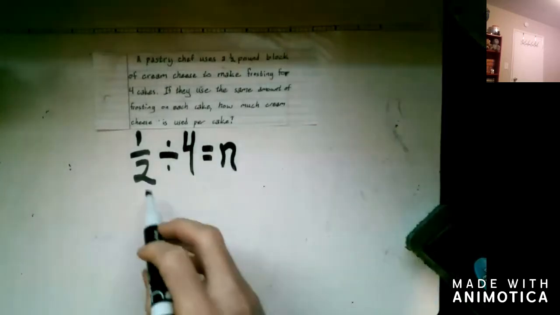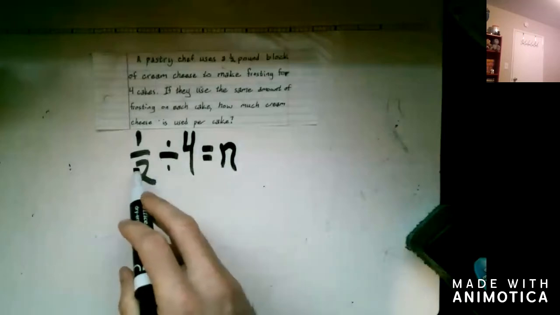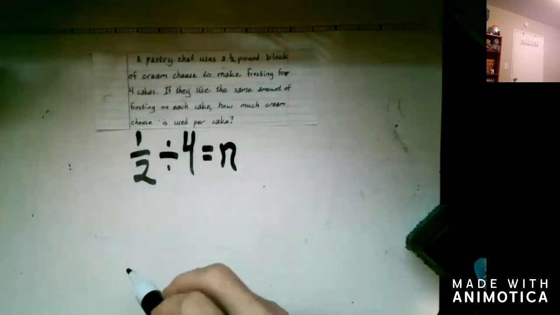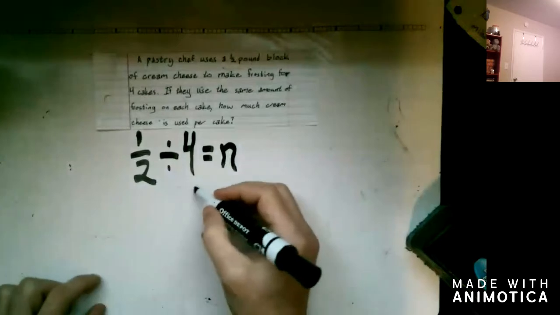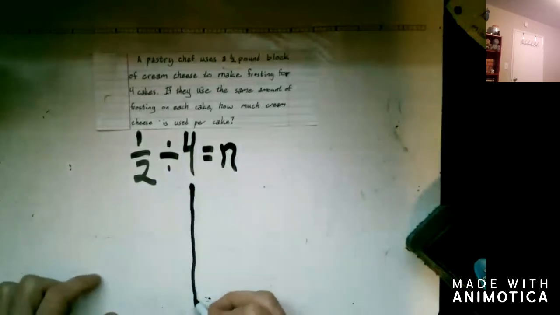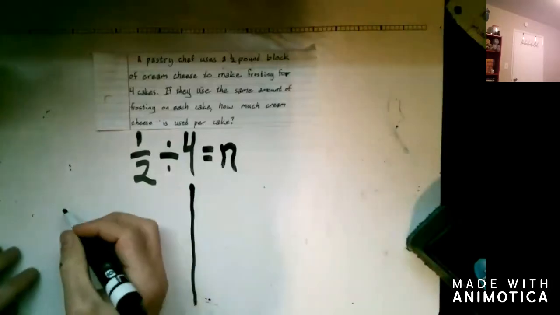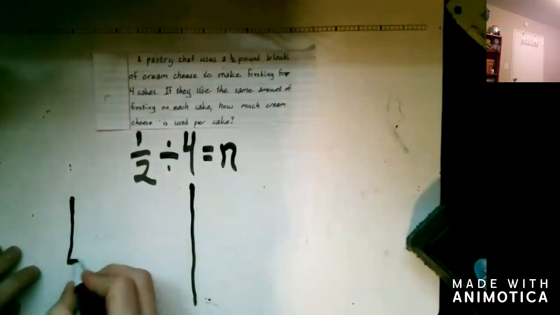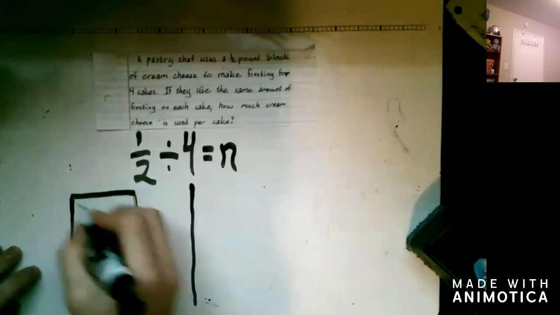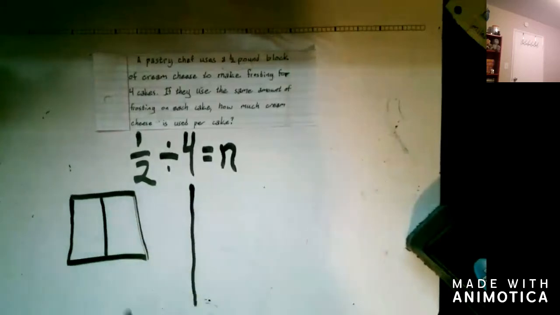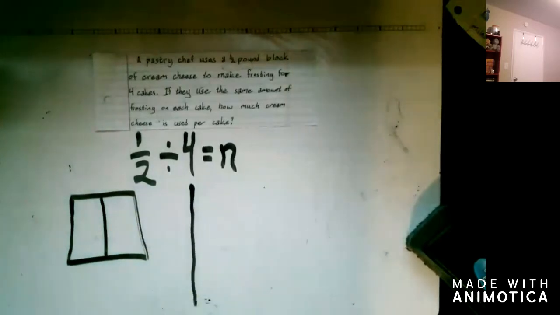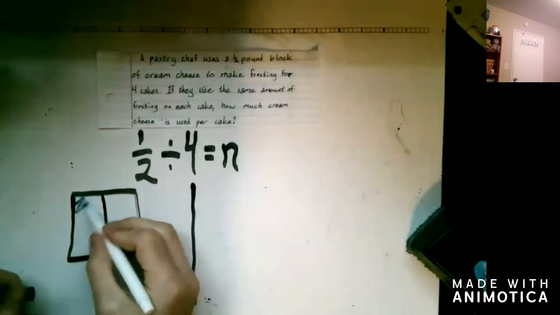Now there are 2 ways we've learned to divide a fraction by a whole number. The first, so I'm going to divide this in half to show the 2 different ways on both sides. One was through drawing. So I can draw myself 1/2. So let me shade in 1/2.